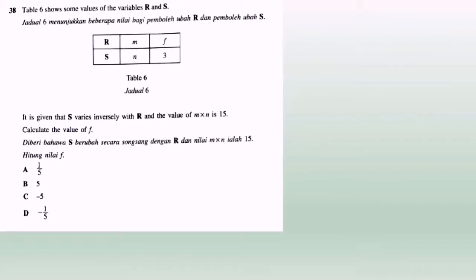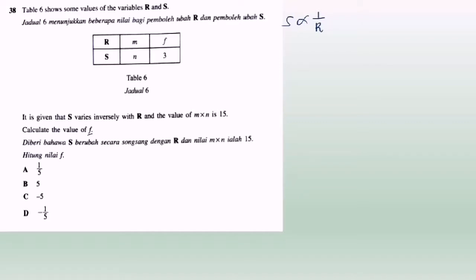Question number 38. Table 6 shows some values of the variables r and s. It is given that s varies inversely with r and the value of m times n is 15. Calculate the value of f. Okay, so to form the variation, s varies inversely with r, so 1 over r.